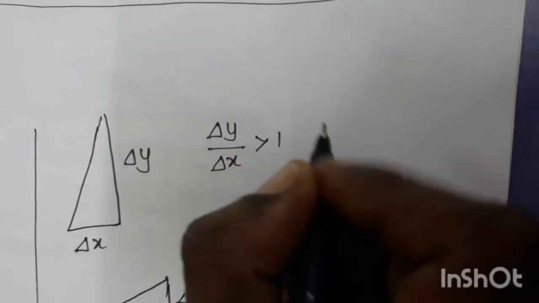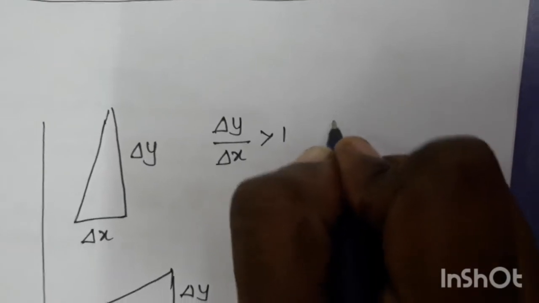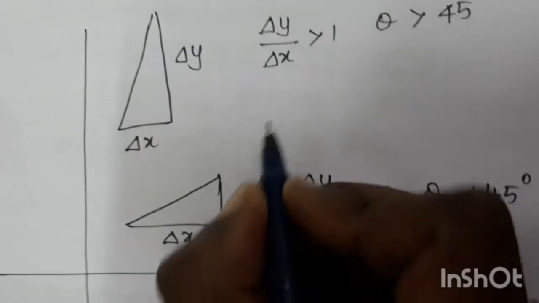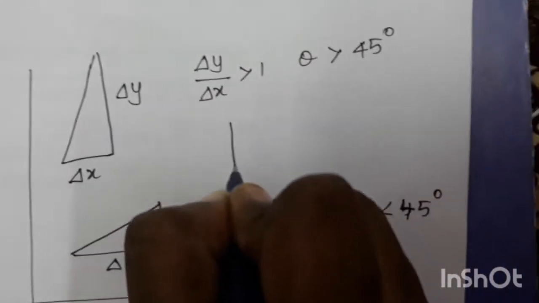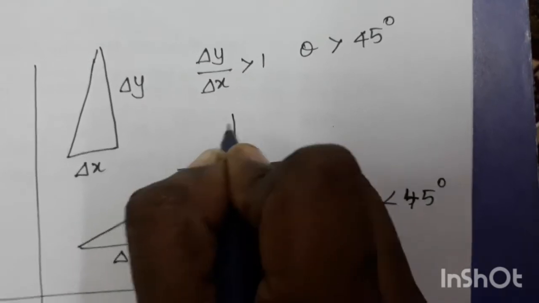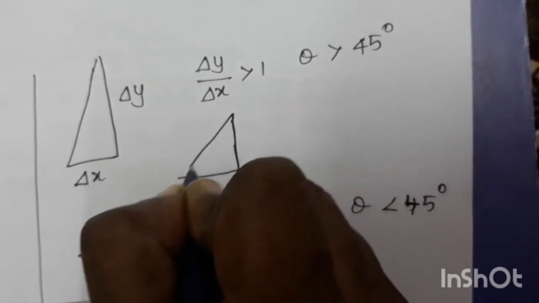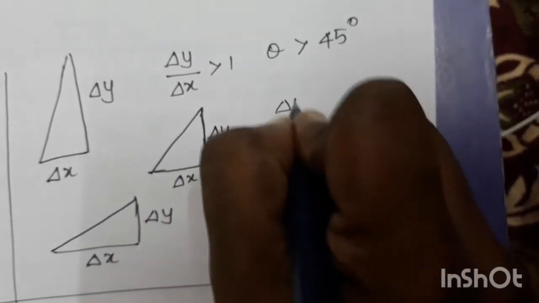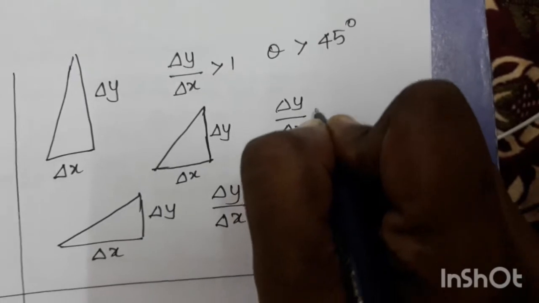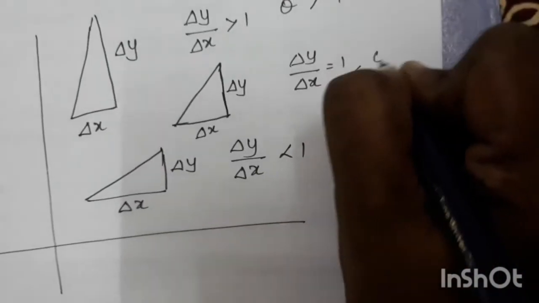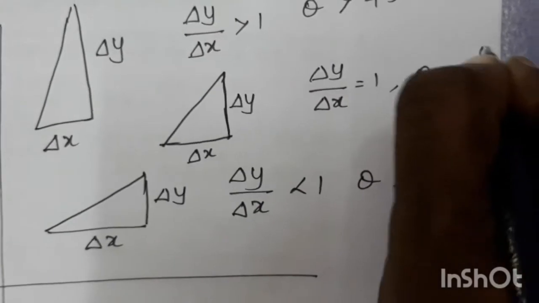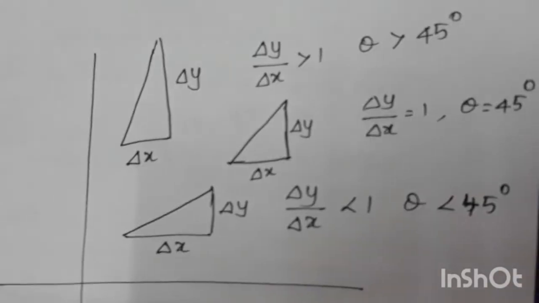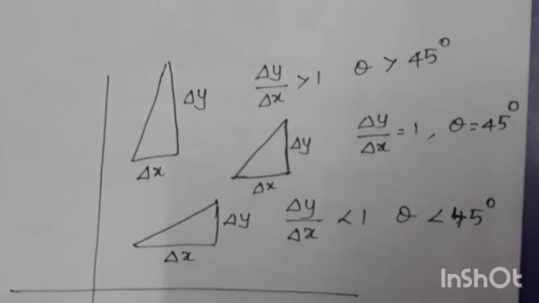So the slope is greater than 1. So now theta is greater than 45 degrees. Let us consider the slope of the line where del x and del y are equal. So del y by del x is equal to 1, which means that angle theta is equal to 45 degrees. So we have seen what is slope, what is line and everything.